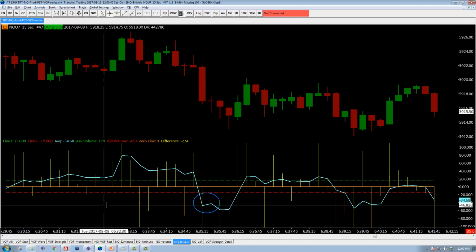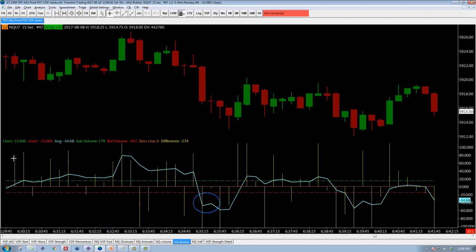We then plot that on this 15-second chart using the bid volume versus ask volume study, and then we apply a moving average so we can see how it looks, not on every bar. That's too fast. What we need to see is over the last few minutes what's going on, because we're looking for momentum. So we apply a 15-period moving average, and that gives us a sense for the trend of the behavior in the market.